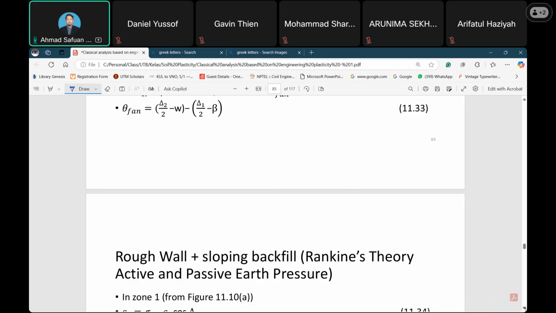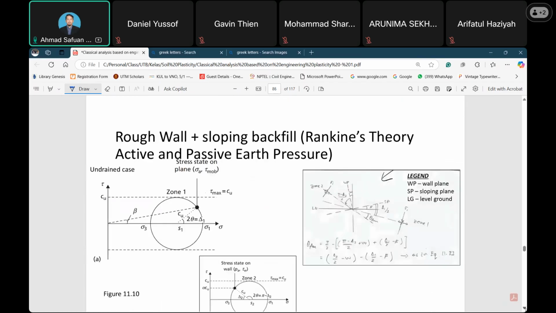On the Mohr circle, this is the beta and this is the value, the 2 theta. The resultant rotation of the principal stress in zone 1 compared to the level ground case is then theta equal to delta 1 over 2 minus beta.